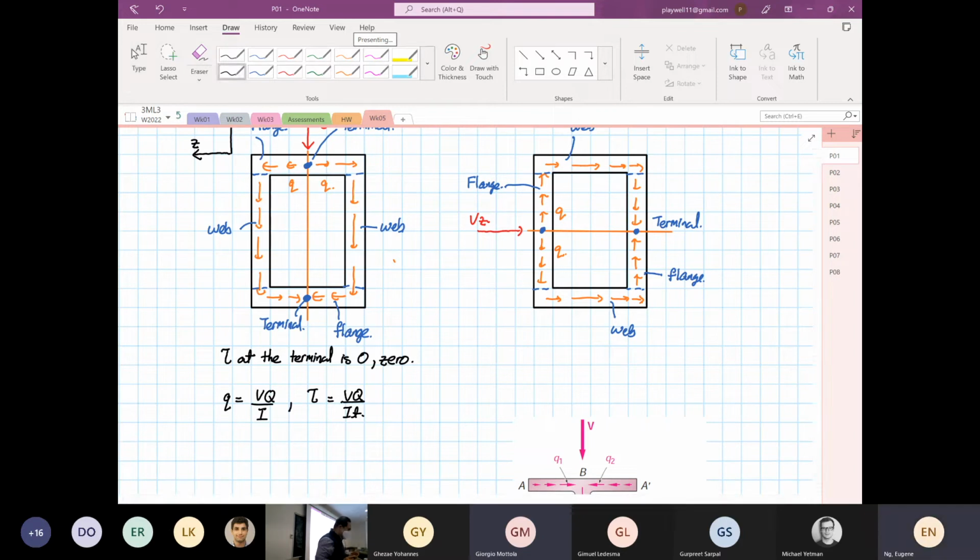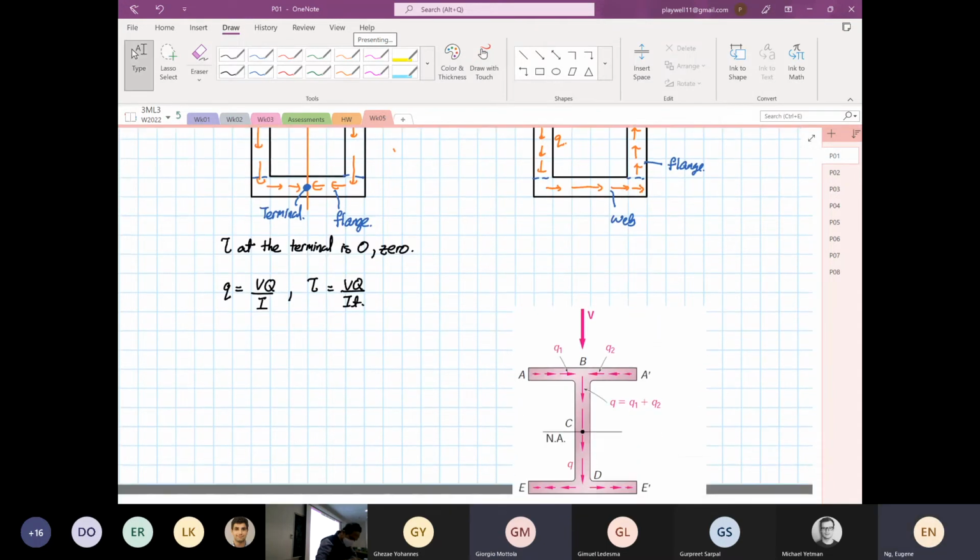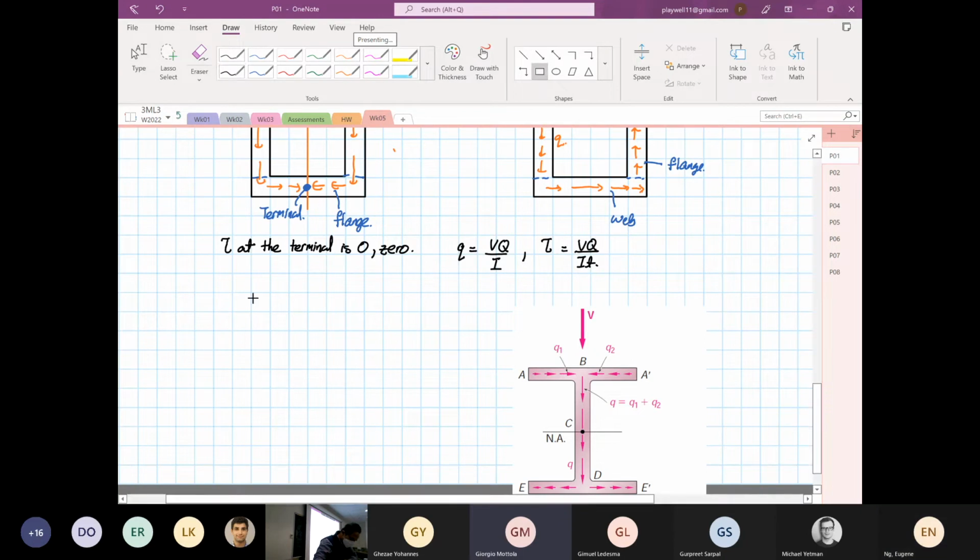So now let's look at the wide flange beam section. Okay, so now let's look at an I-beam, a wide flange.